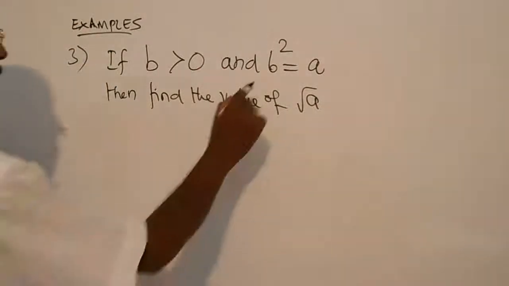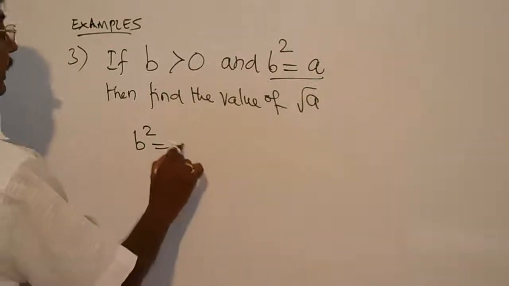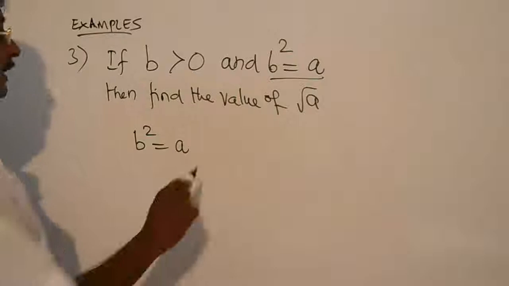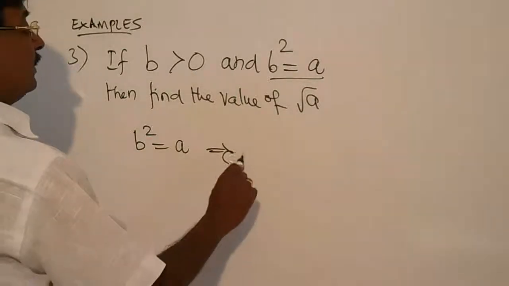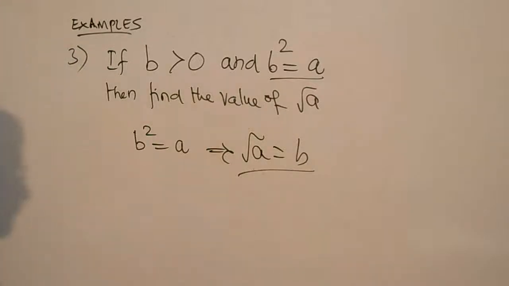Now b square is equal to a, which means root a is equal to b. That is the answer.